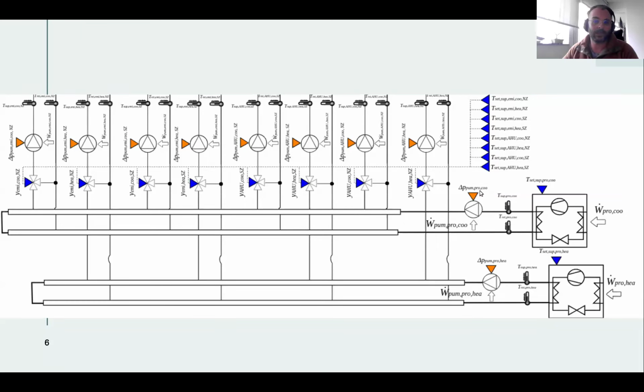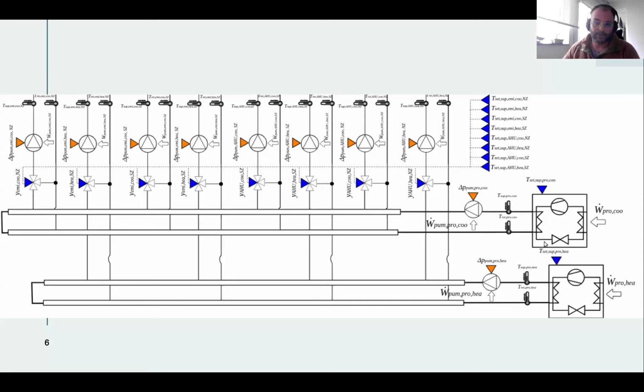You can only write a 0 or a 1, so you cannot modulate this pump, and that's something that you encounter in buildings. Many of the components are not modulating. So if you work with NLPs, nonlinear programming like me, then you have to deal with this with some sort of post-processing. But more of that will come later.